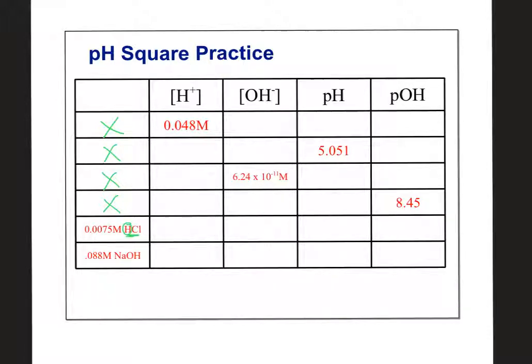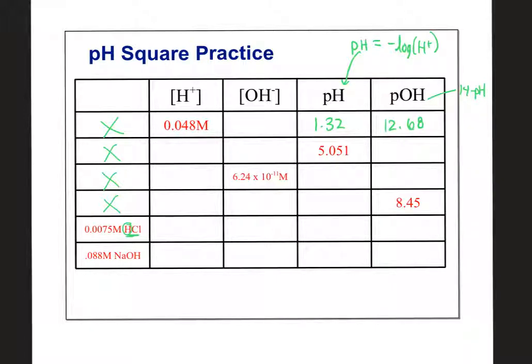So using the pH square, if I want to find pH, I know that pH is equal to the negative log of H plus. So if I take the negative log of 0.048, I get 1.32. I know POH is 14 minus the pH, so 14 minus 1.32 gives me 12.68.